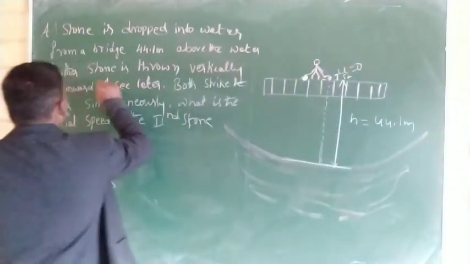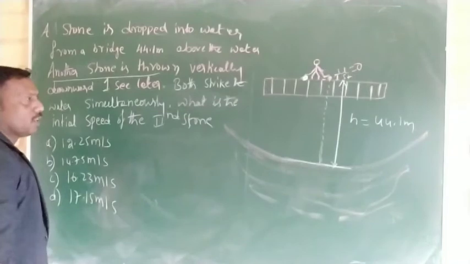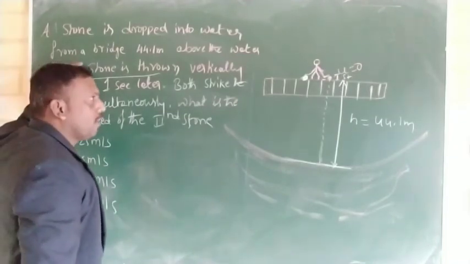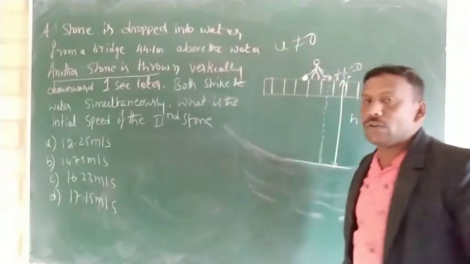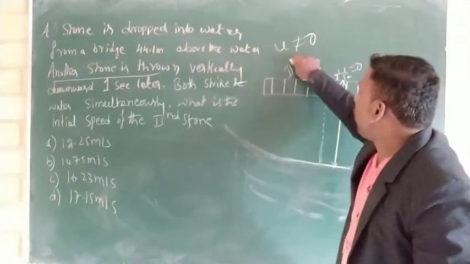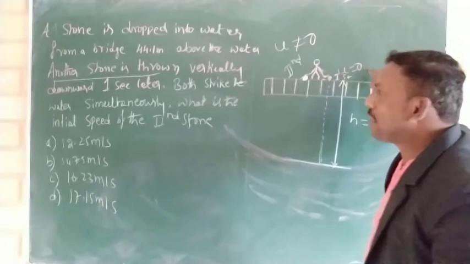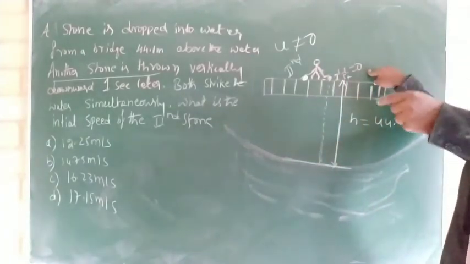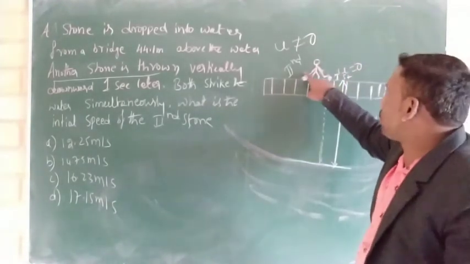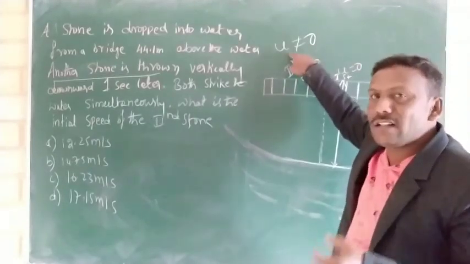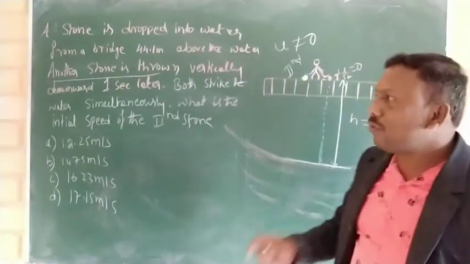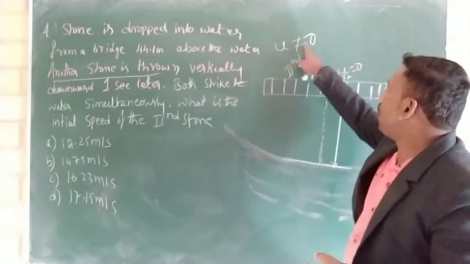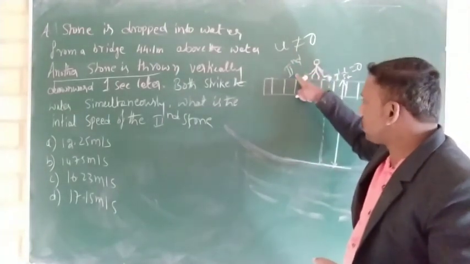Thrown means it has some initial velocity, u not equal to 0 for the second stone. For the first stone, u is equal to 0 because the stone is dropped. But for the second stone, the initial velocity is not 0 because the stone is thrown in the vertically downward direction.